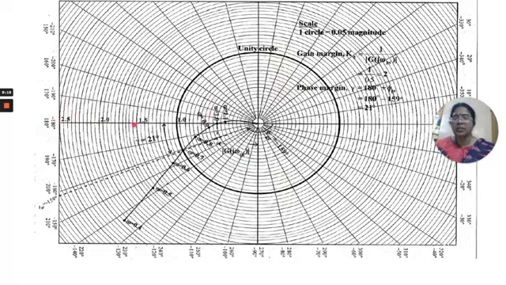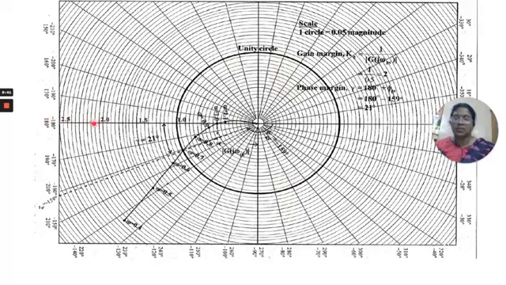We will go from the lower value. 0.4 is the magnitude and minus 185 is the angle. This dark circle is 0.5, and before that, 2 lines, that is 0.4, and the angle is minus 185. So this is minus 180, this is minus 190. 185 is between these two.